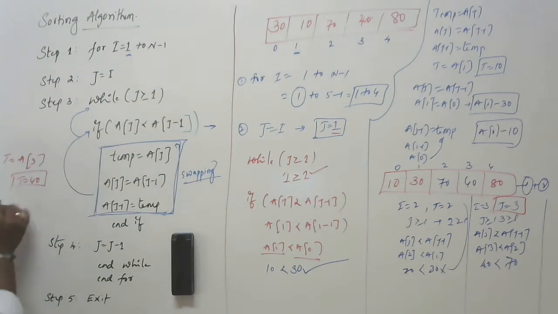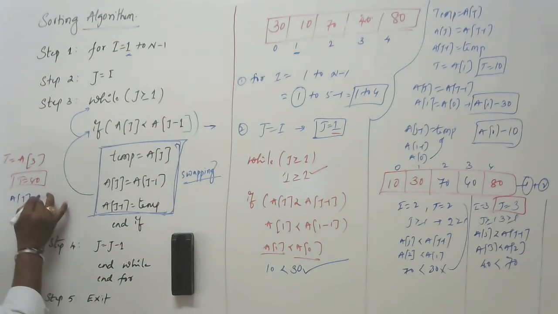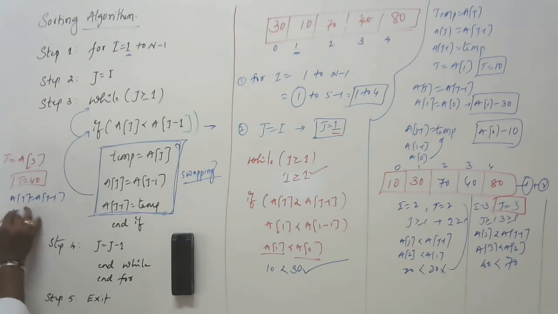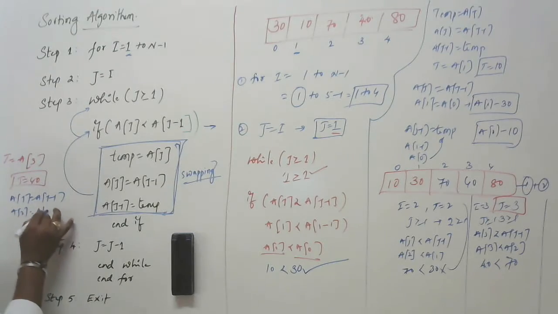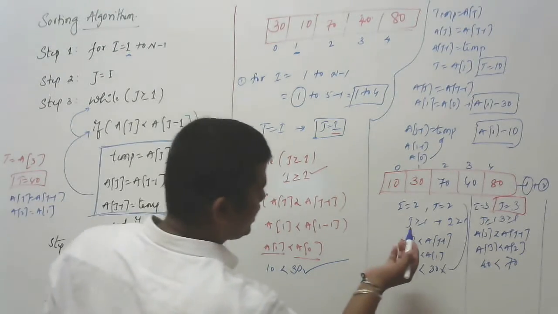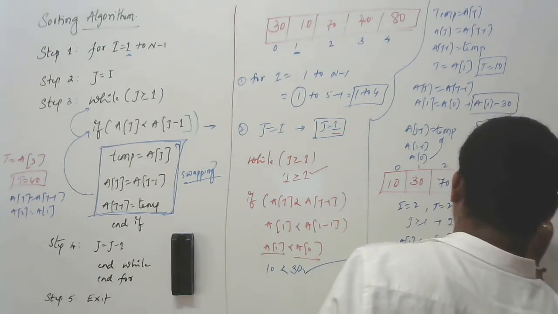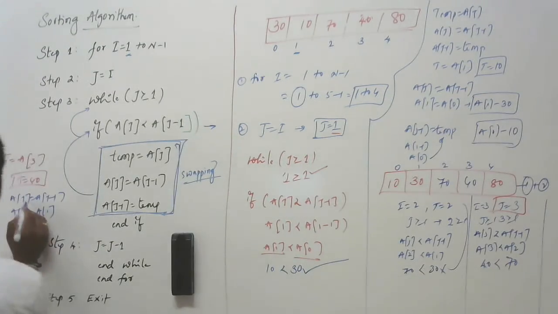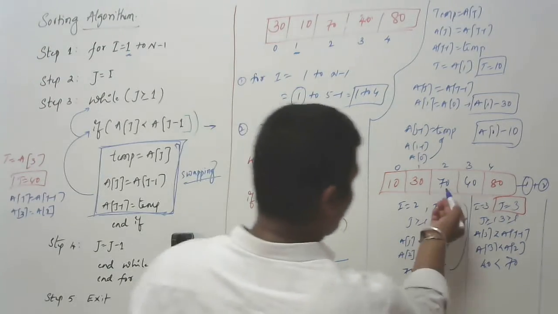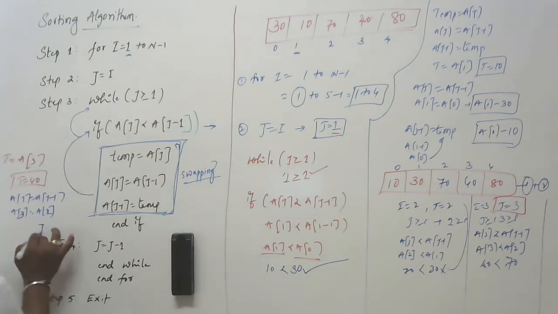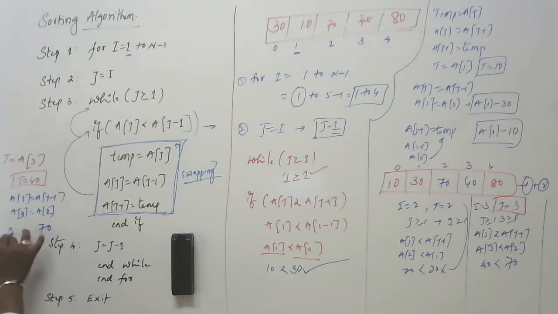Next, a of j equals a of j minus 1. A of 2, 2 minus 1, that is 1. Sorry, a of j is 3. Sorry, this is 3, this is 2. A of 2 value is 70. 70 will be initialized to a of 3.